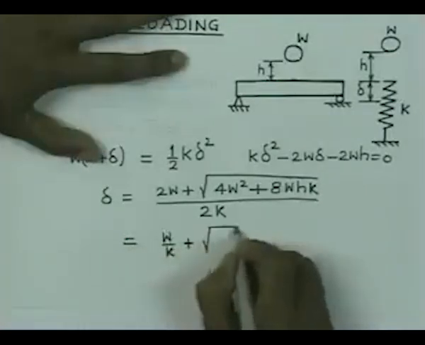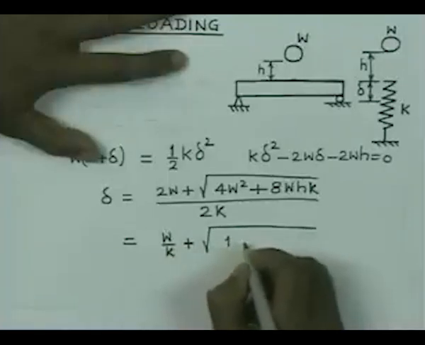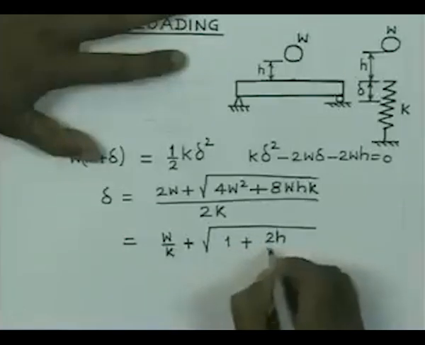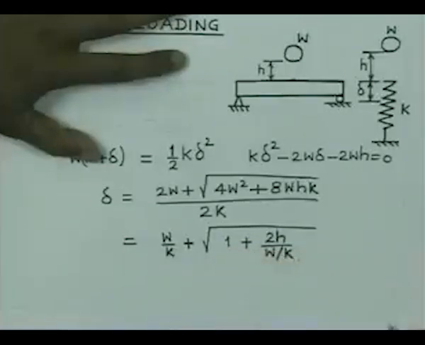times 1 plus the square root of 1 plus 2h by W by k.